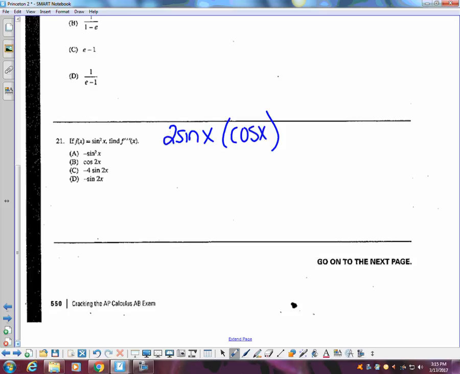Just keep going. What would that turn him into? Sine of 2x. And then you'd have to go again.